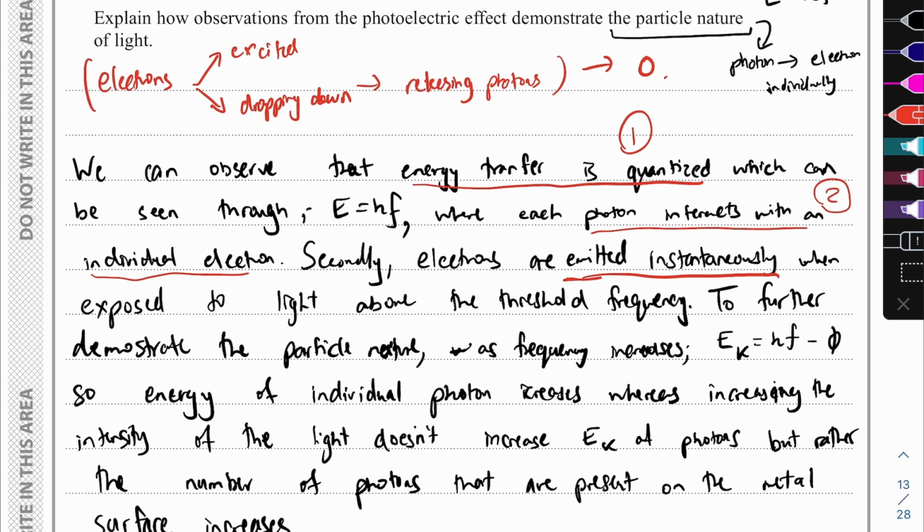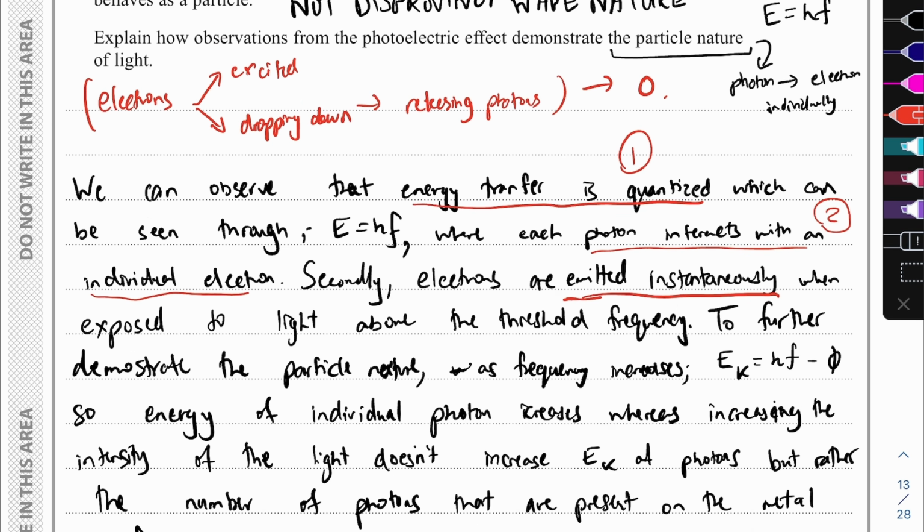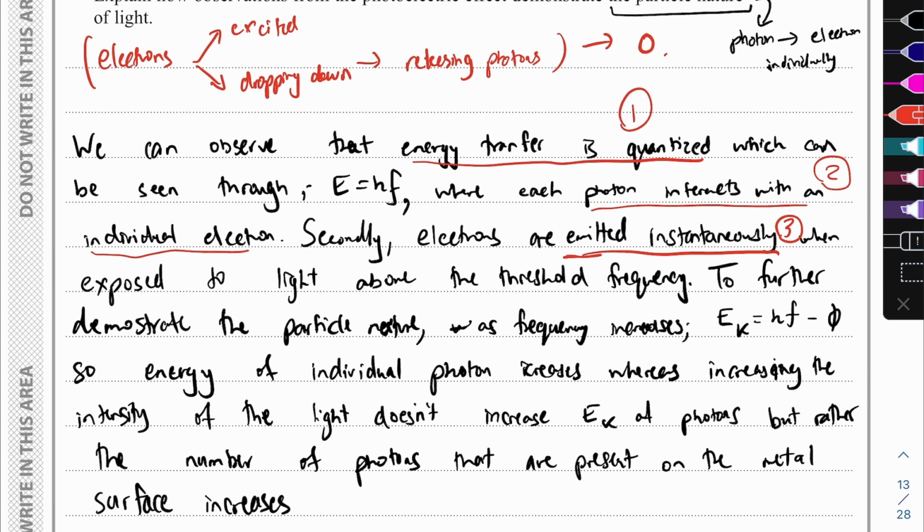In the wave nature of light, they're all emitted slowly but surely, but in this, we're showing that the electrons are emitted instantaneously, right? Then, when we expose them to light above a threshold frequency, there is a marking point for stating that it's above the threshold frequency.